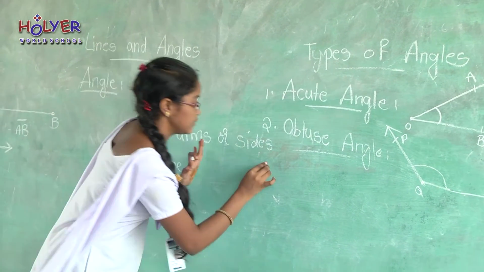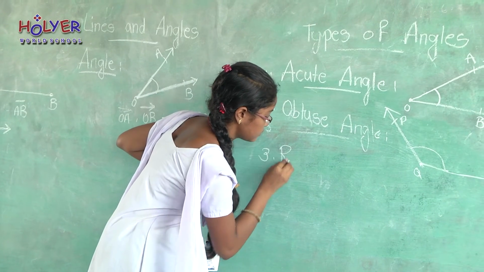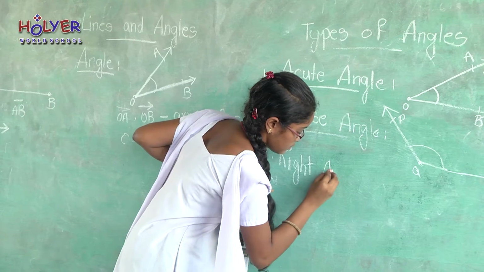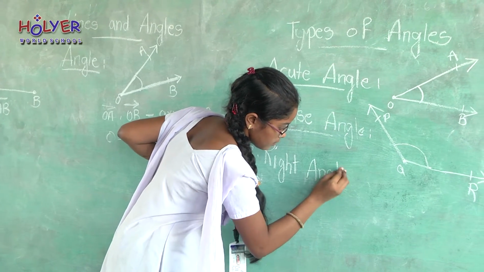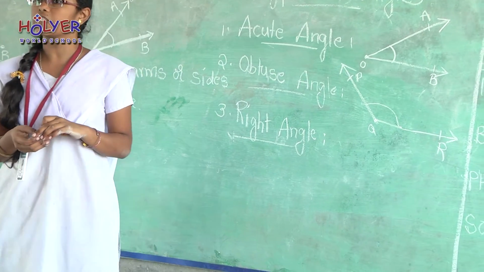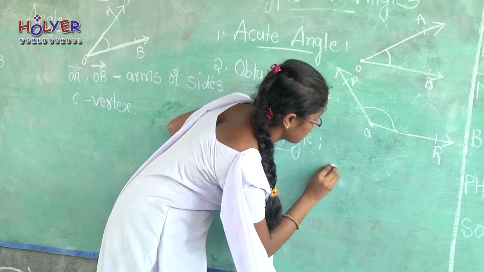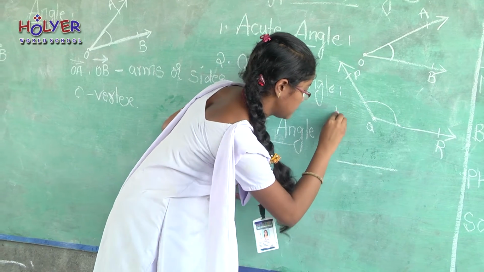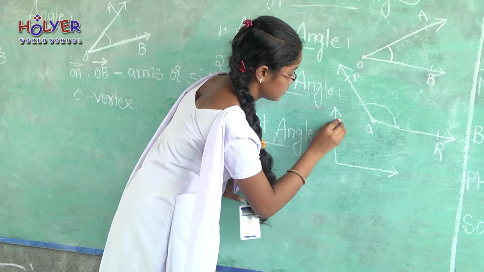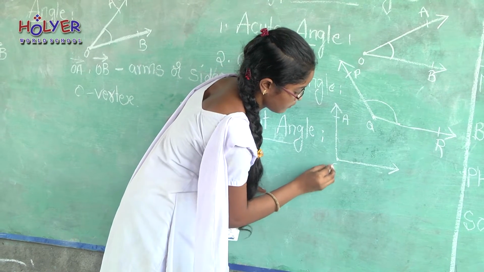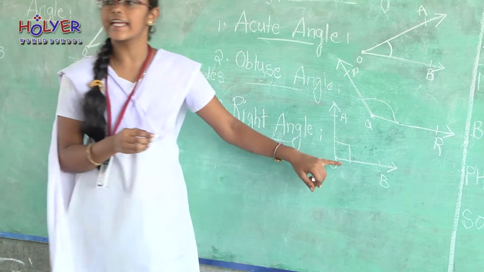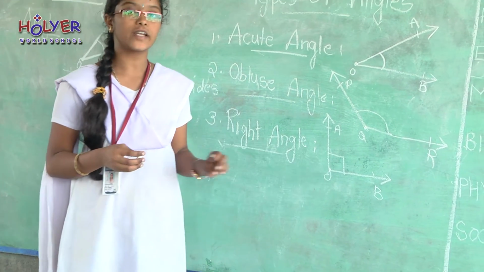Next, right angle. The angle with 90 degrees is known as a right angle. Here the angle is exactly 90 degrees, so it is a right angle.